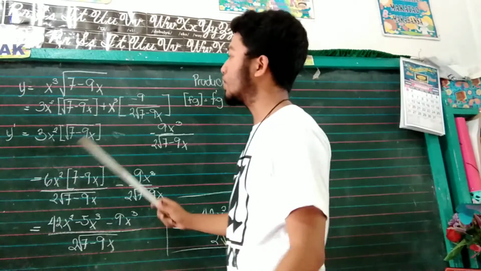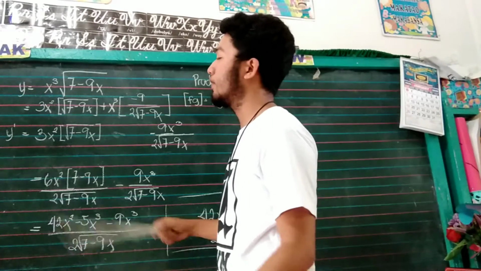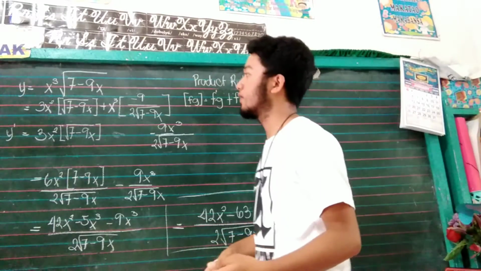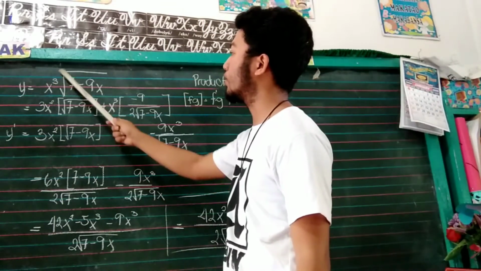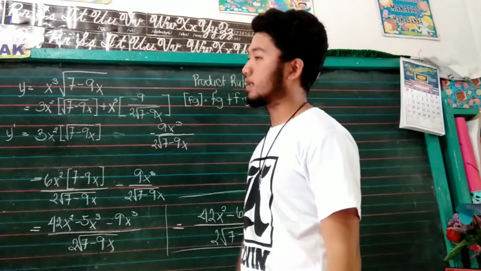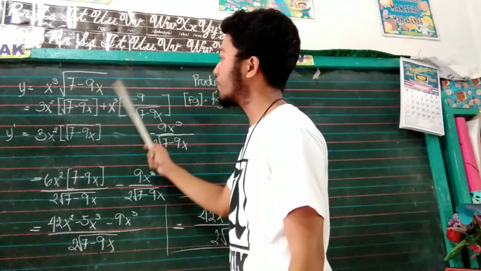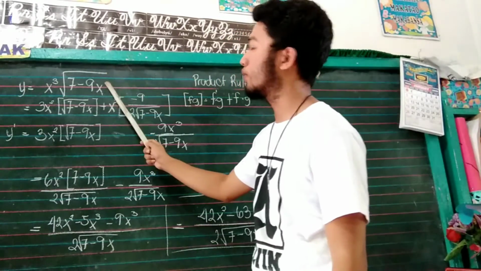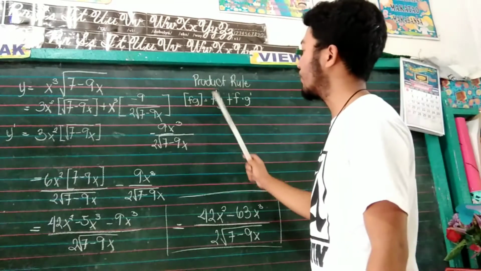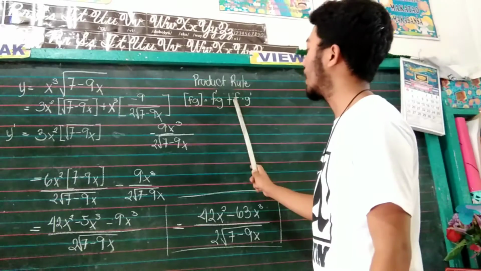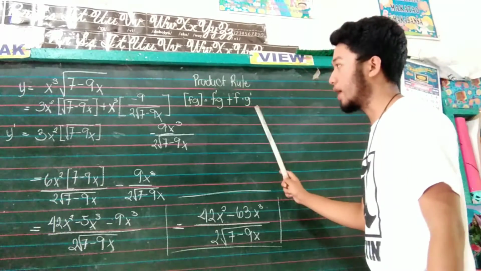So the second equation we have here is for the differentiation of the exponential function. So we have here y is equal to x cubed times the square root of 7 minus 9x. So in this function, we can use again the product rule. So the formula for the product rule is (fg)' is equal to f prime times g plus f times g prime.